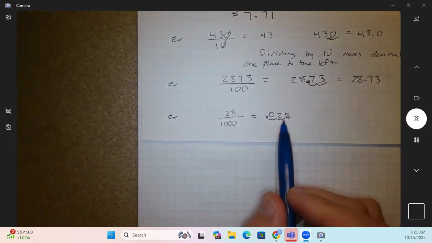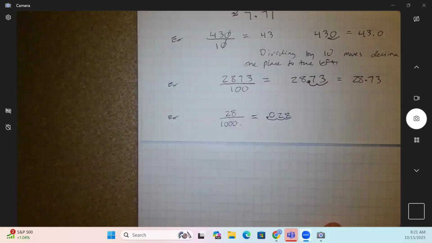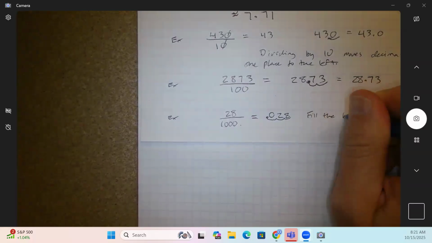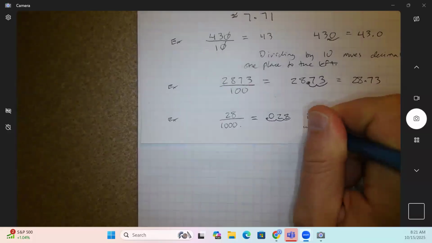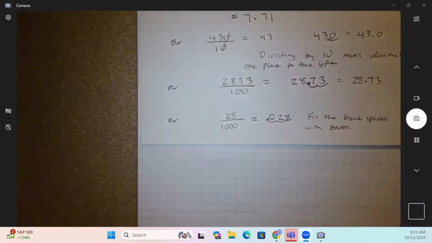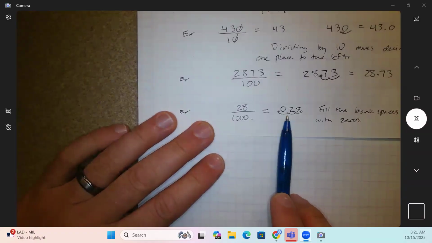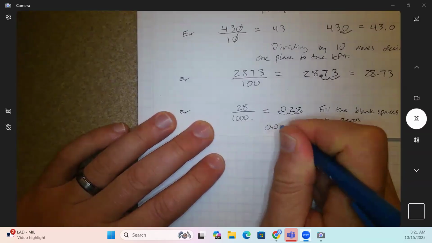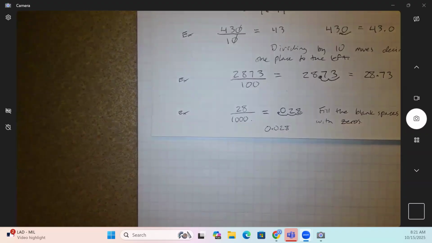All right, so if you have to move more decimals than you have numbers in the top, you fill it in with blank spaces. And decimals like this are often written with a 0 in front of the point as well. So it's often written 0.028. Both are equally correct.